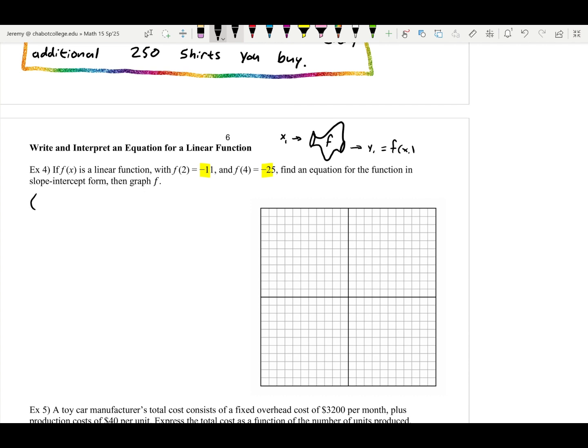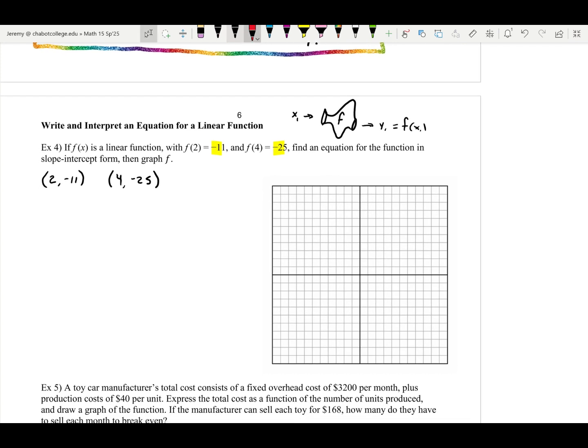So here are the two ordered pairs that I get from the information in this problem. I put 2 into f and out comes negative 11. So that's my x1 and my f of x1. I put 4 into the function and out comes negative 25. So that's x2 and f of x2.